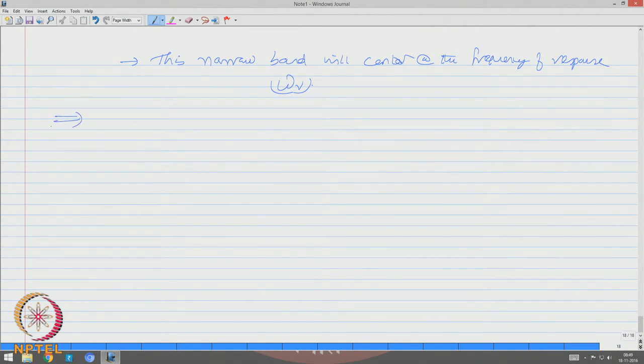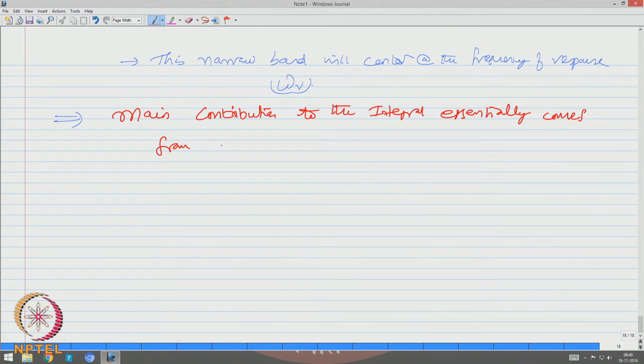What does it mean? This means that the main contribution to the integral essentially comes from a small interval around the resonance frequency omega r.